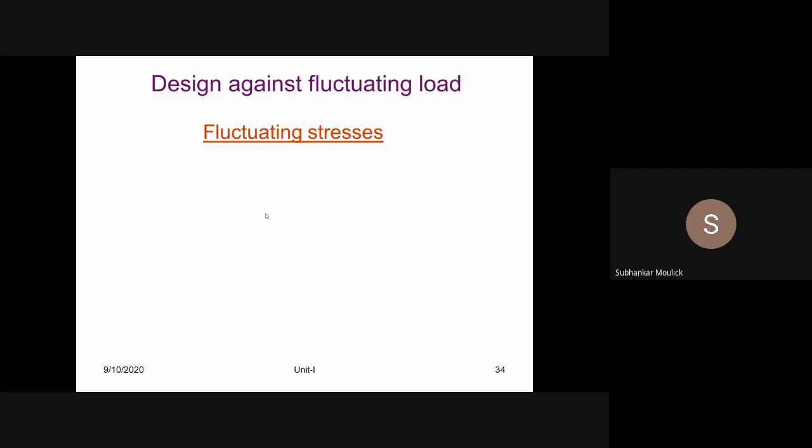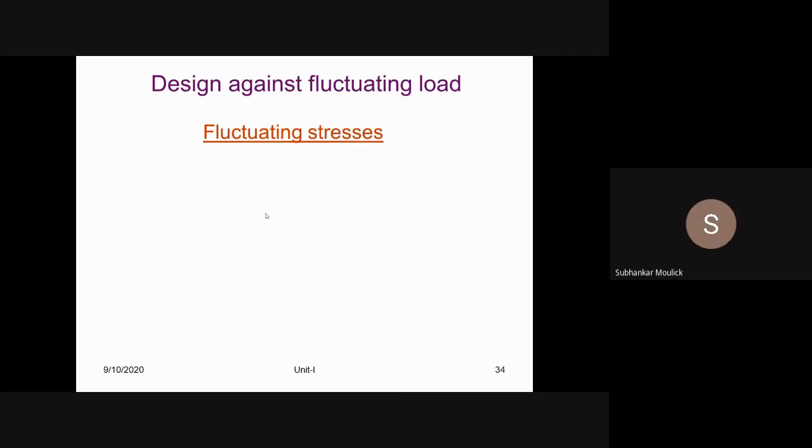in industry or in real time purposes, we design the component for fluctuating load, because if the component is safe to resist fluctuating load, definitely it will be safe to resist the static load. In static load the machinery is stationary, so failure is minimal, but during the working condition failure of the machinery can be maximum.